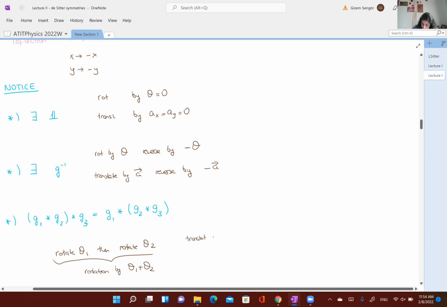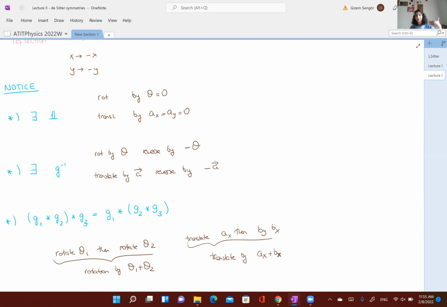So you can translate by A, then on top of it, translate in the same direction by B. This is the same as having done one bigger translation. So you can do 2 transformations along the same direction back to back, and that itself is in the same category as the original translation. It's just the same translation by a different parameter.